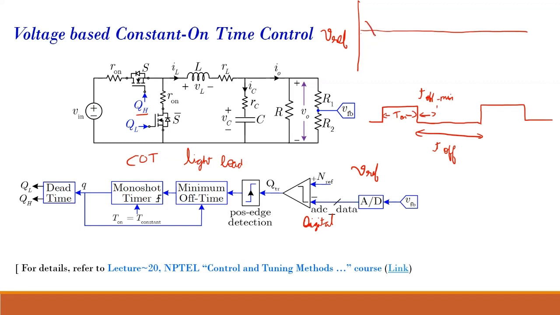When my output voltage goes below Vref, at that time a trigger signal is generated and turns on this timer. Then it will be on for some duration. Then it turns off. So it has to be off for some minimum off time. And then it keeps on falling, and once it goes below this Vref again, over here, it will generate another trigger signal, and that will again turn it on.